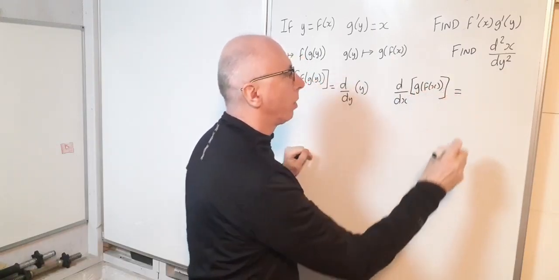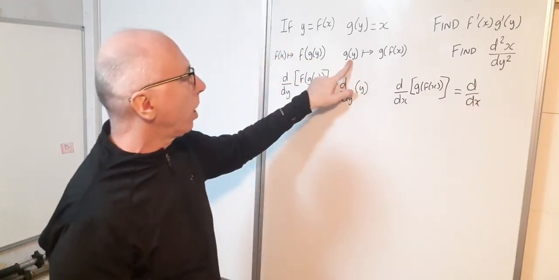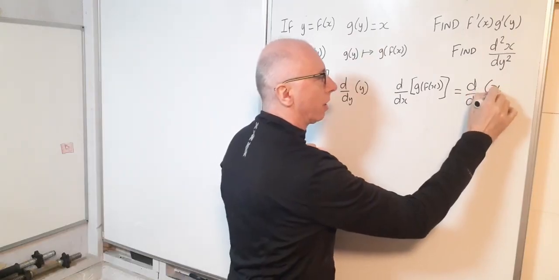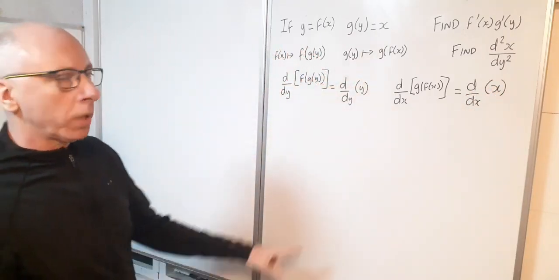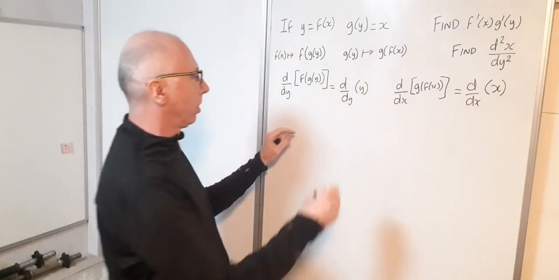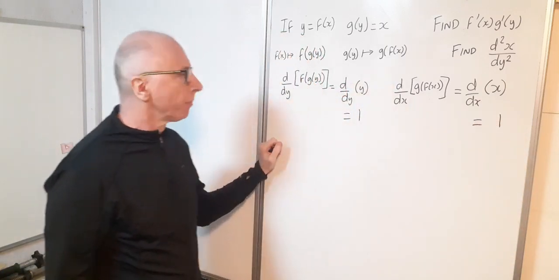And that should equal the derivative with regards to x of g of y. Well, g of y is just x. So see if we can find some kind of relationship between these. Well, we can see straight away the right hand side of both equations give me 1. So that's one thing we can run straight away.